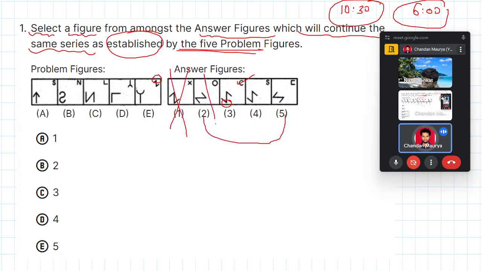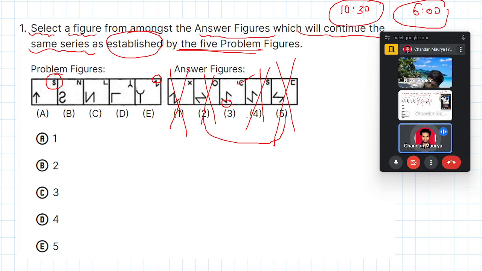So we have eliminated three options. But what about the fourth one? Why do you think the fourth cannot be the answer? S was already used, and we can see some new shapes are being given, so I am eliminating this also.